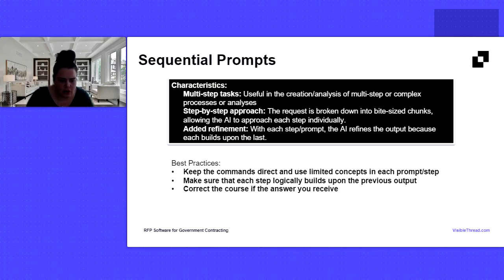So looking at sequential prompts, we're looking to take a more strategic approach to simplifying complex tasks. So we want to divide them into smaller, clearly defined steps. If you have a much more nuanced question, a more complex query, this is a way to break that into smaller chunks and sort of follow the breadcrumbs to where you're looking to get.